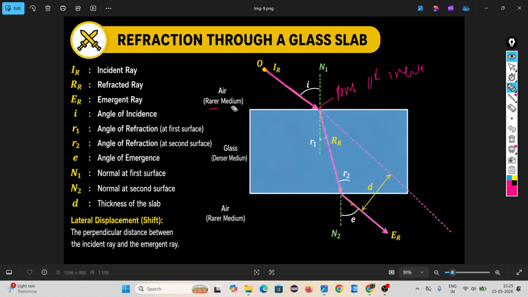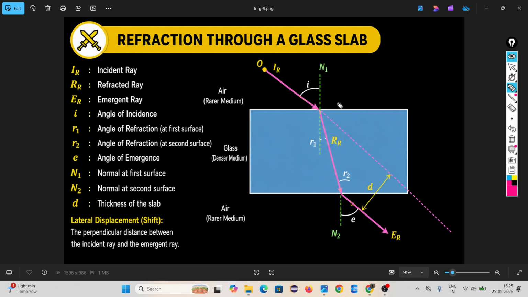So two mediums, air and glass. Air is a rarer medium and glass is a denser medium. That's why the refracted ray comes near to the normal. The angle between the incident ray and normal is called the angle of incidence, and the angle between the refracted ray and normal is called the angle of refraction.